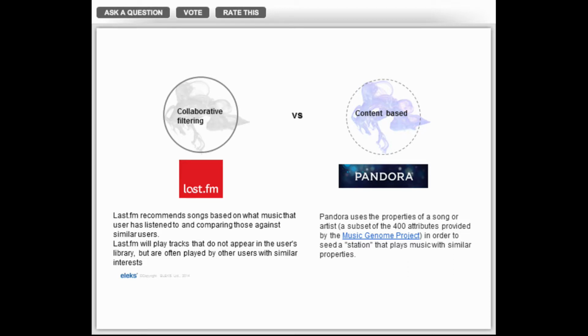For example, if you're a sports fan and you like some fast music for the workout, it would give you similar music, but from different groups. And what Pandora does in content-based is use the properties of a song or an artist to build a station that plays music with similar properties. So you would have recommendations with similar music that really sounds alike.